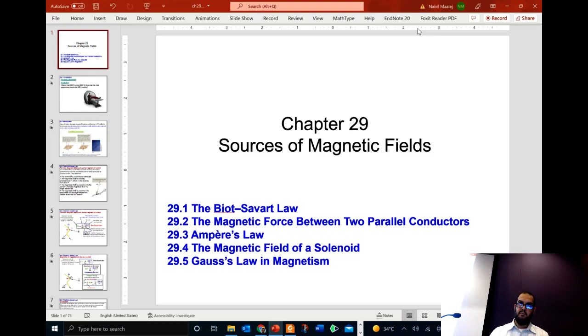We'll speak about Ampere's law, the magnetic field in a solenoid and a toroid, and Gauss's law in magnetism. This is quite a lot of concepts to cover, but we have only one week. Most probably we will not be able to finish this week. Probably it will take us to next week.